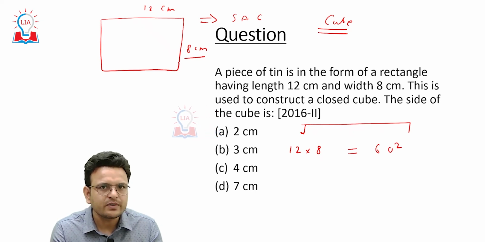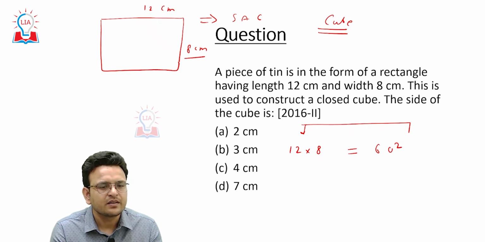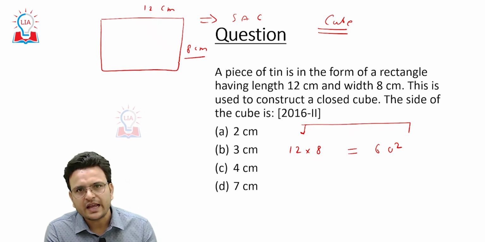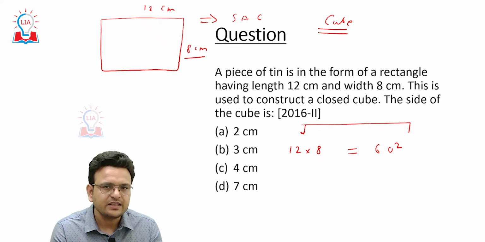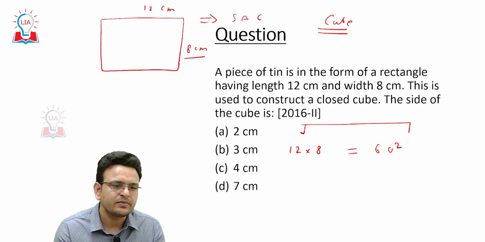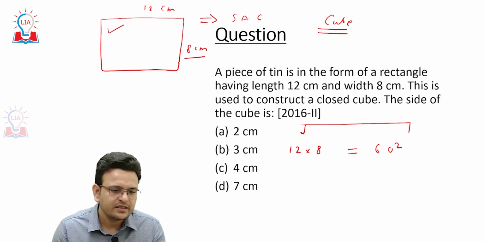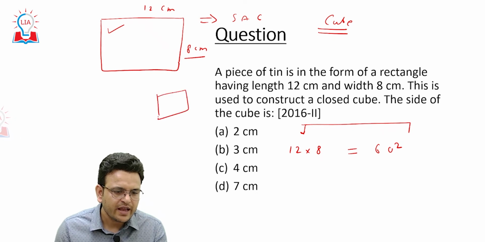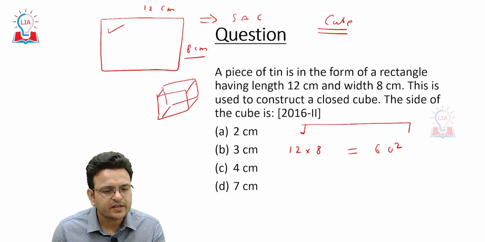So hope you are able to understand. It means we have a sheet of tin measuring 12 centimeter length and 8 centimeter breadth. This sheet we have converted into a cube of equal sides. We know that the surface area of this sheet will be equal to that of the cube of side a.